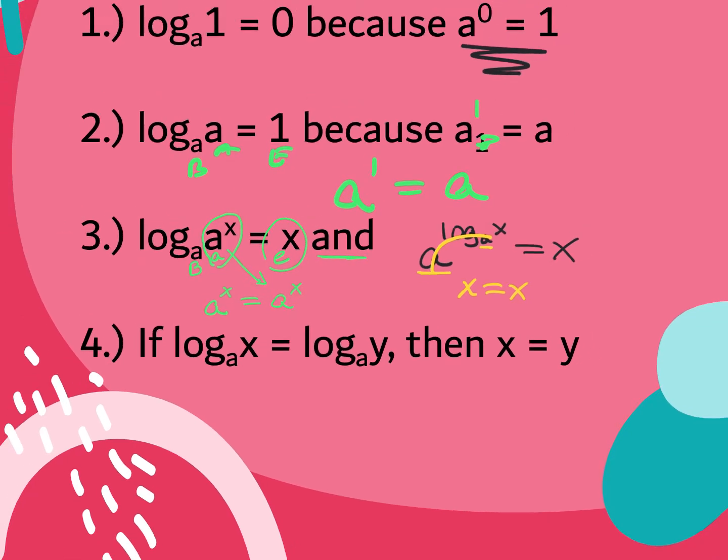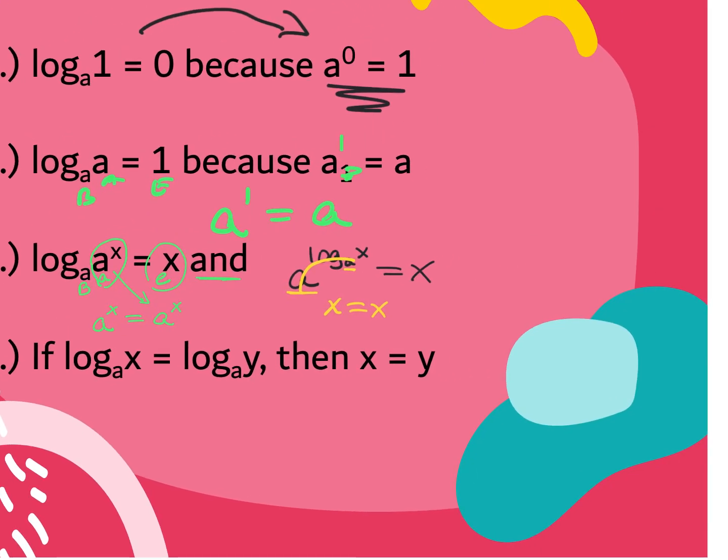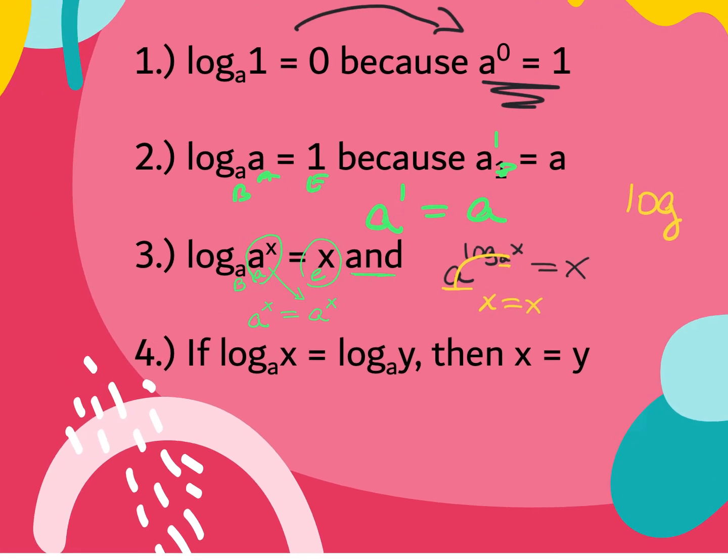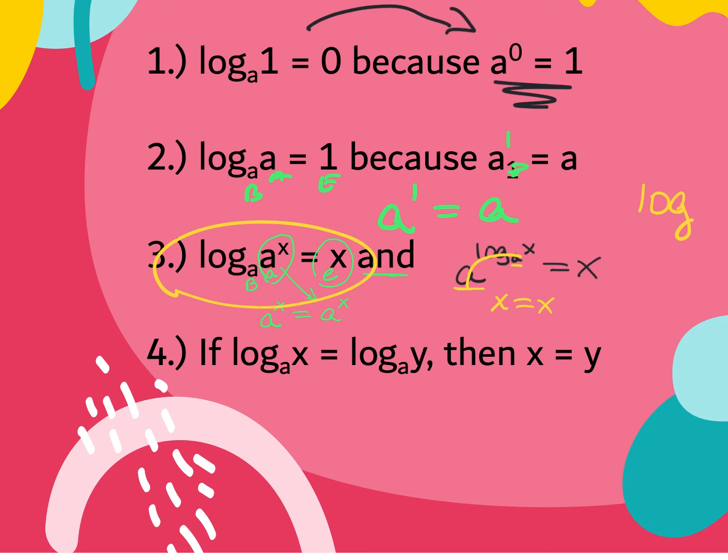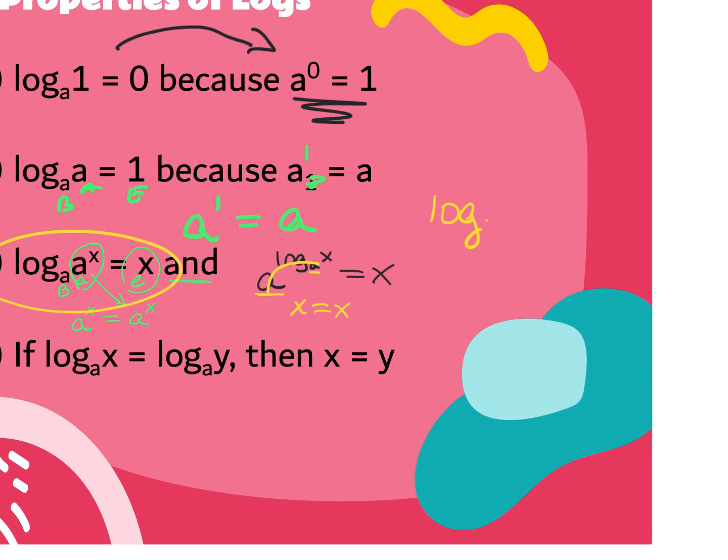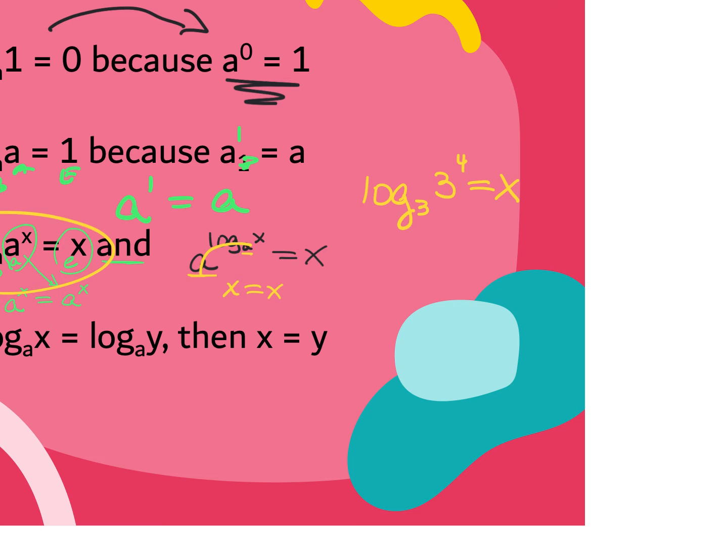So let me show you one with numbers. Let's say it was log base 3 of 3 to the 4th equals x. If I turn this into exponential, again, this is the base, this whole thing is my answer, and this is the exponent.